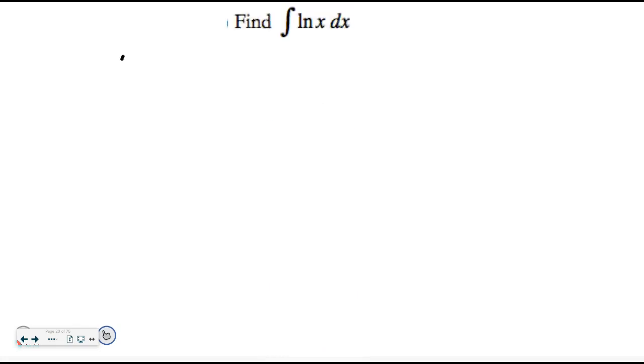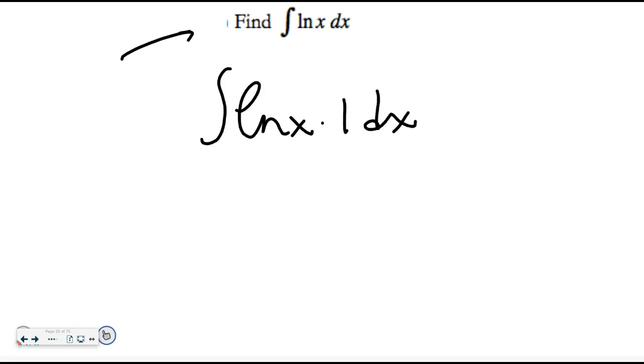This guy, we've never had before. You can't integrate it without by parts. And then you might say, but there's only one function in there. There's another one. 1. Now be careful. Who's your u choice?